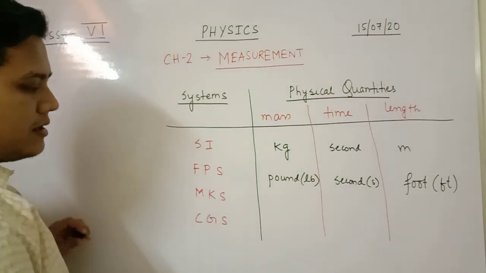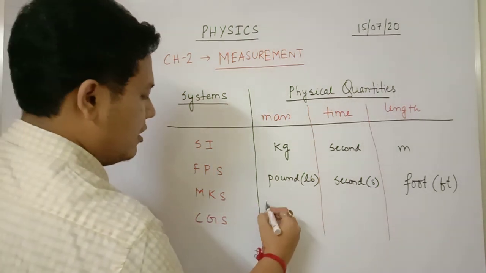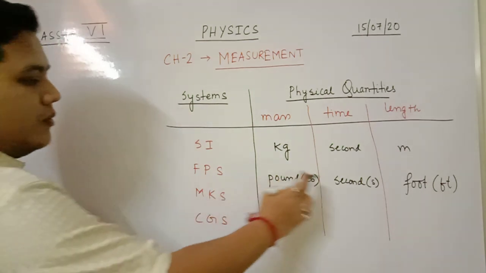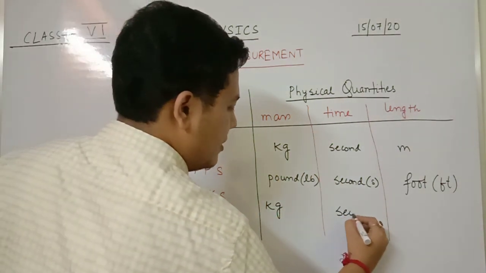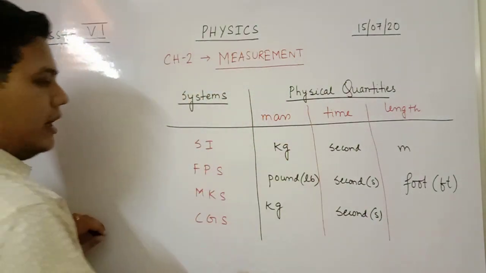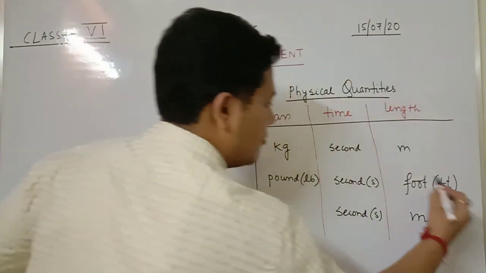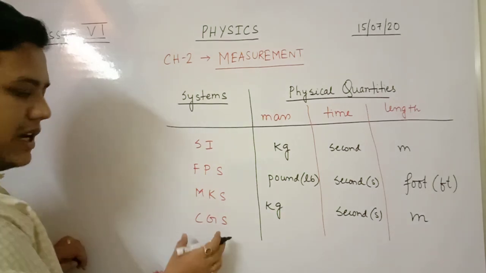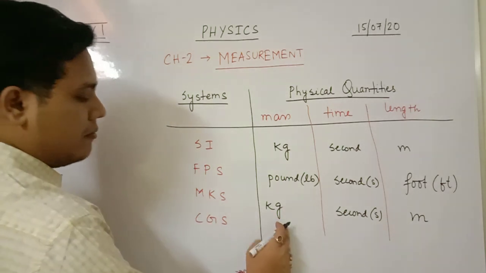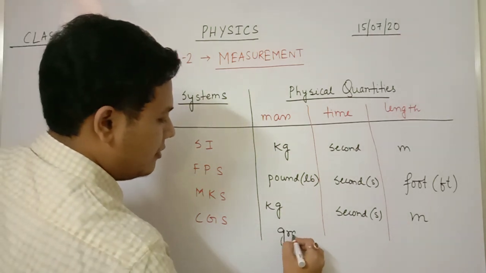Next, for MKS, we denote the mass in kilogram, which is kg, we already know. For time, it will be second. And for length, we measure in meters. Last but not least, the CGS. For mass, it is gram.